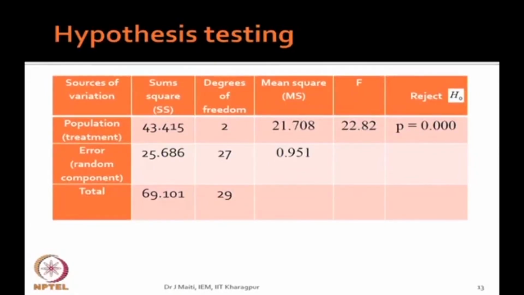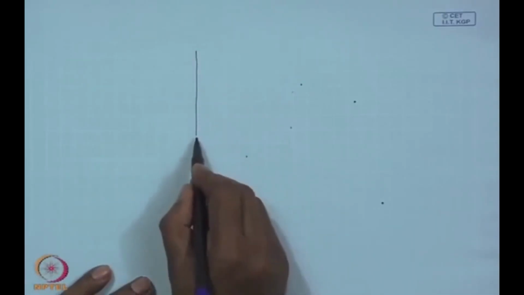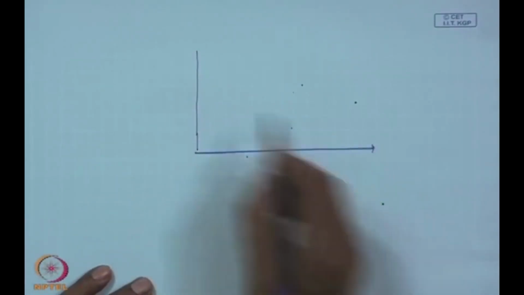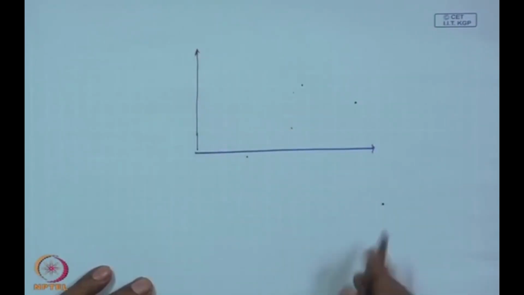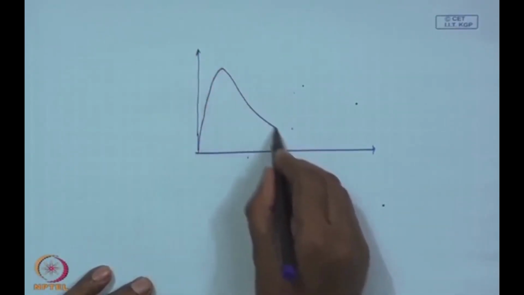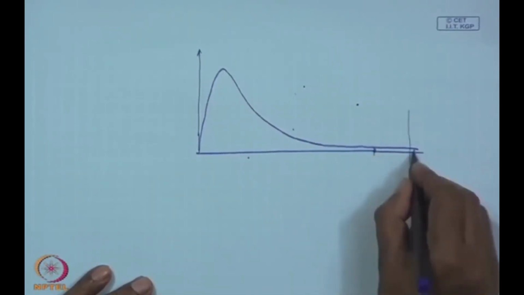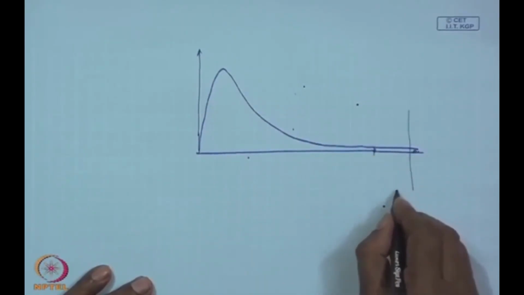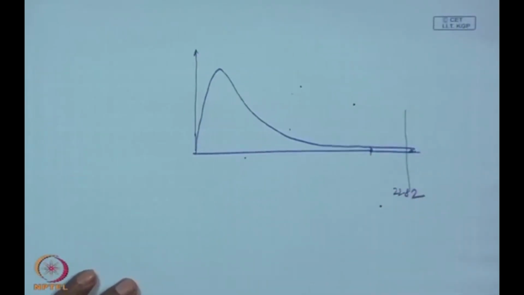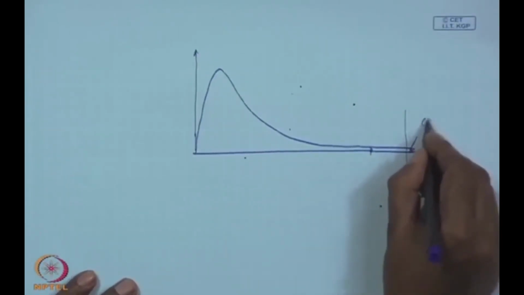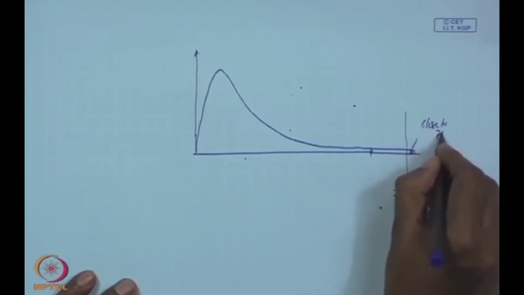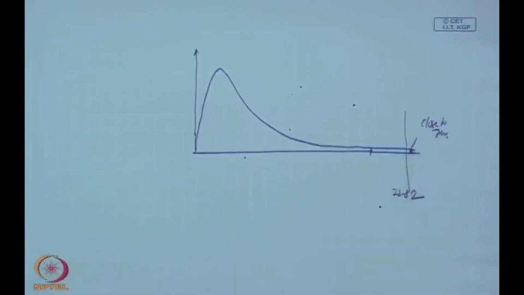If you see the F table, you will find the probability is almost close to 0. That means, if this is my F distribution, you are somewhere here, at 22.82, and the probability is close to 0. So, there is a difference.